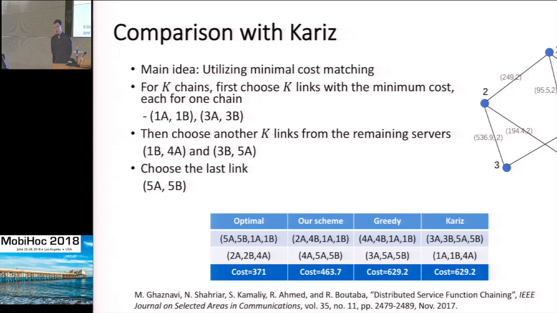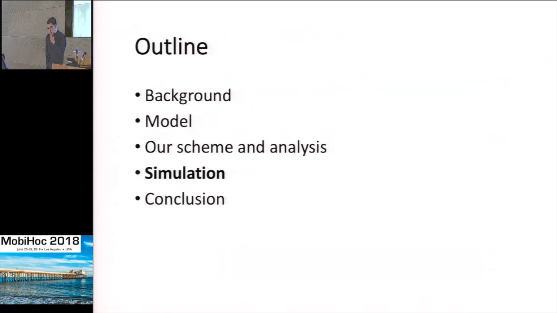Basically, they propose some greedy approach. Because the network configuration is very small, the optimal one has a total cost of 371. Our scheme is 463. This paper is trying to mimic the greedy, so it's around 629. So as you can see, our approach is much, much smaller than the current state of the art.